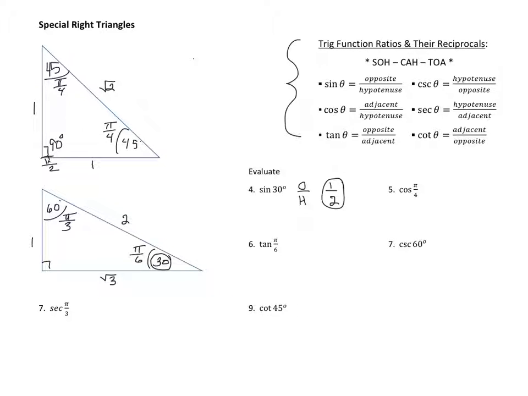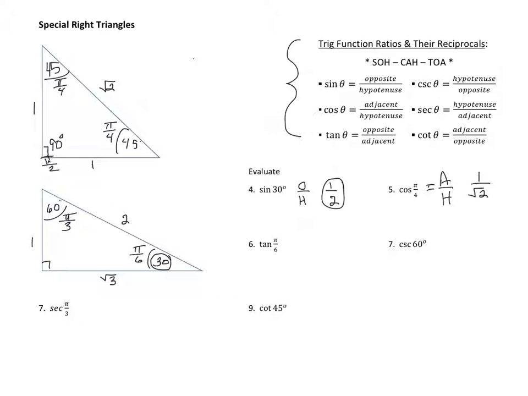Let's look at number 5, cosine of pi over 4. So let's go up to the first triangle. We have pi over 4 is the same thing as a 45 degree angle, and we know that the cosine, right, is adjacent over hypotenuse. All right, so for 45 degree angles, our adjacent side would be the side 1, and our hypotenuse would be the square root of 2.